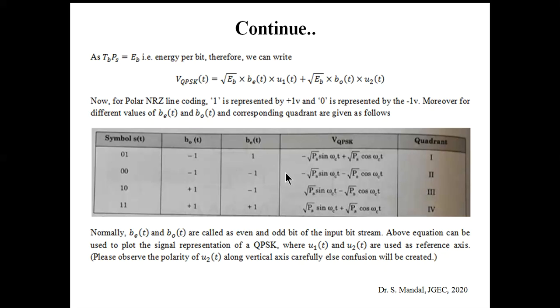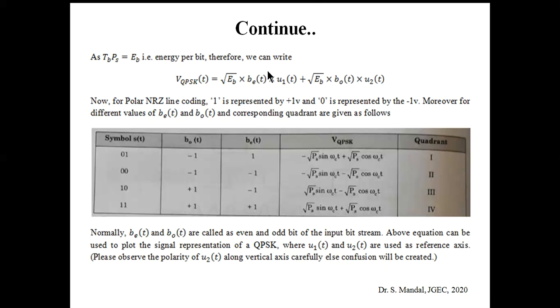In this case, if we draw the corresponding signal space diagram, the first message will remain in the first quadrant, the next in the second, then the third, and then the fourth.